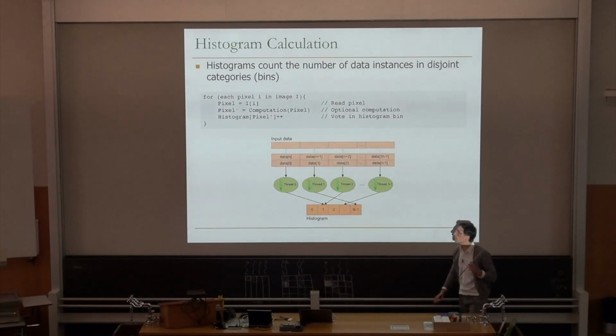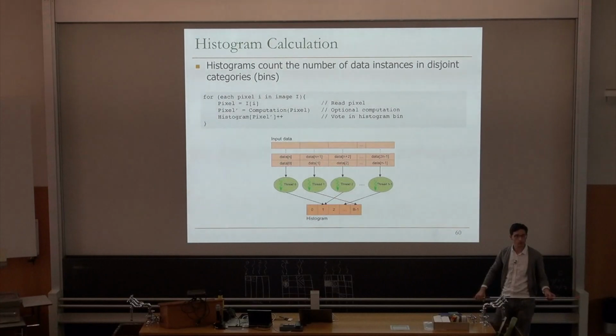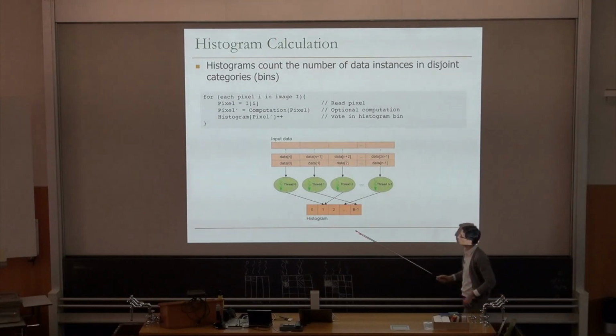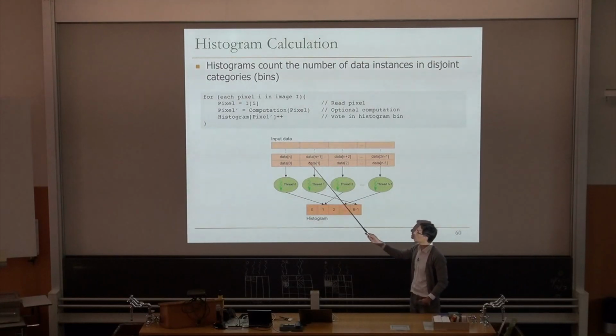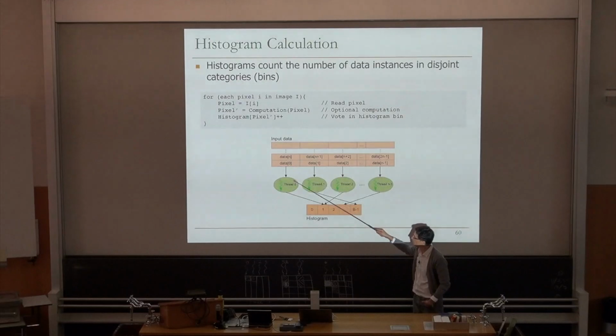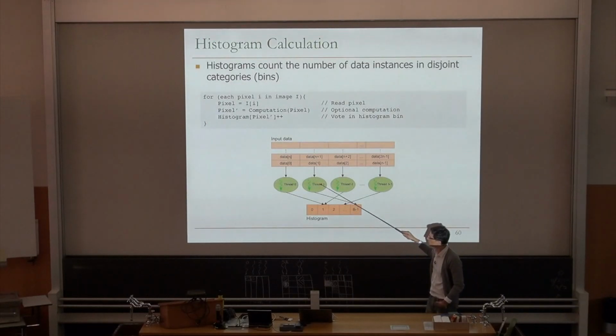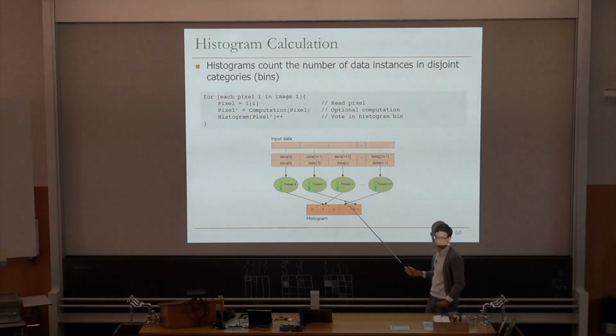But if we want to generate the histogram on the GPU, we will need to have many threads running in parallel, accessing pixels belonging to the image, the input data in this case. Thread 0 reads this element, thread 1 reads this element, and so on. Depending on the value of the data, it will add 1 to the specific bin.